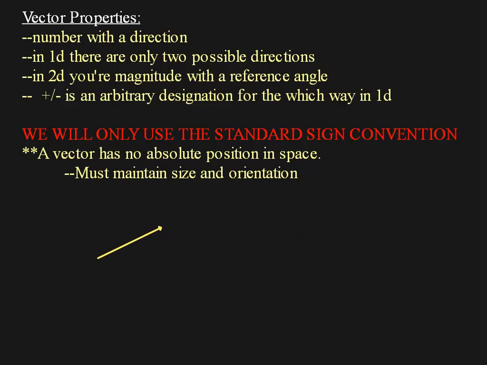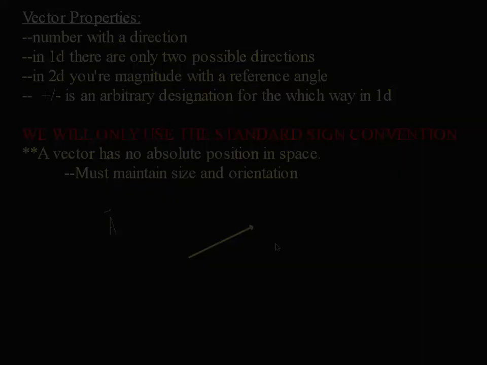If I call this vector A, then vector A can exist here, it can exist here, down here. It doesn't matter where I put it. Vector A is still vector A just as long as I maintain the size and orientation. Now, if I were to change the direction of that, I no longer have vector A.